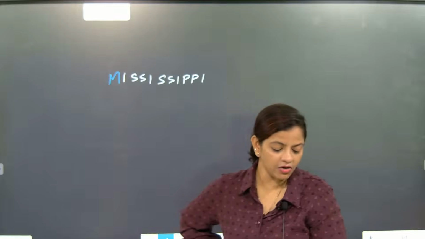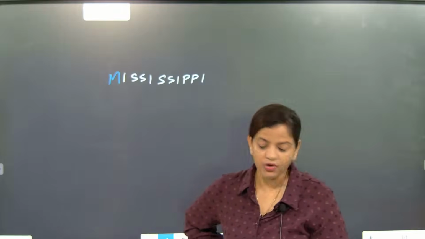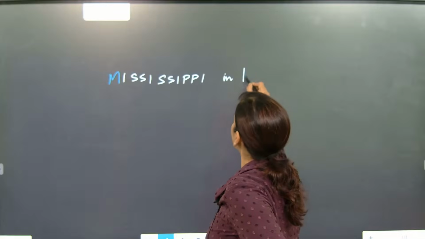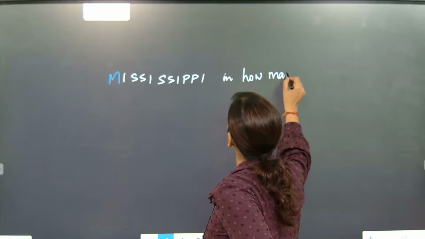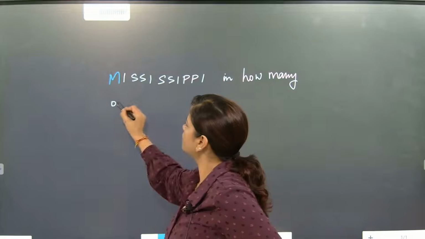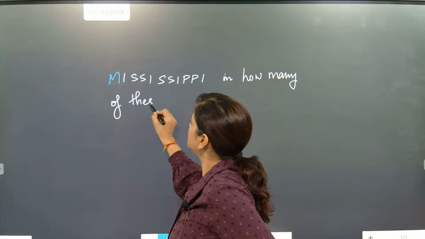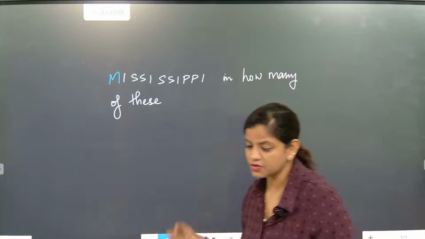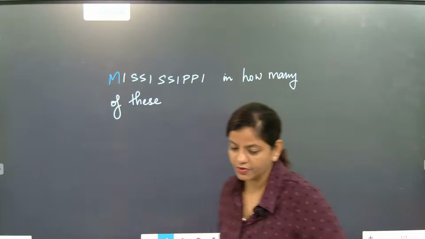In how many of these permutations do four I's not come together? So openly they said it is about permutation.